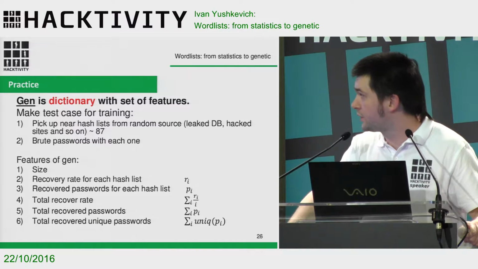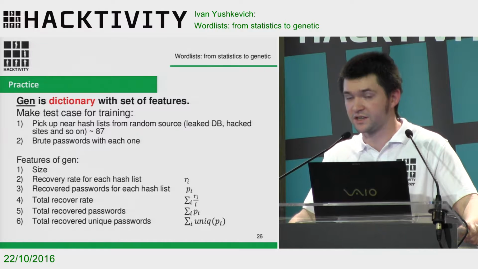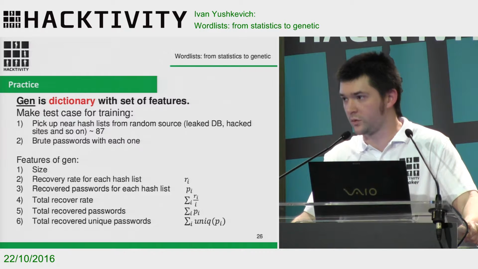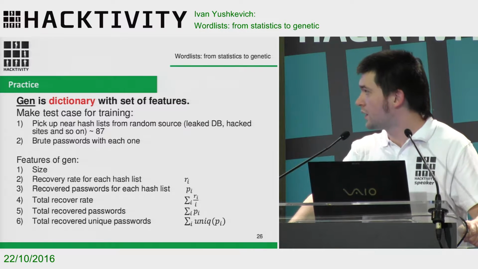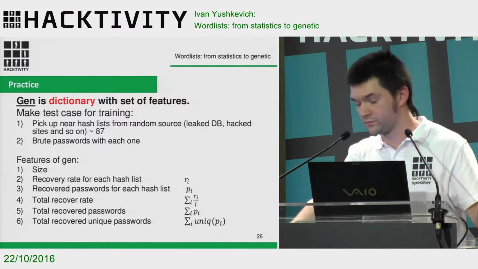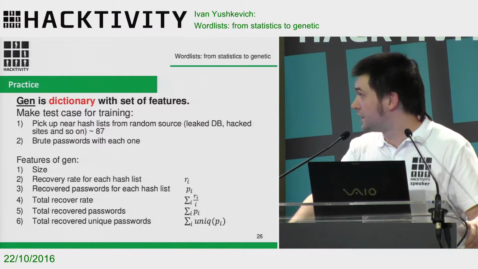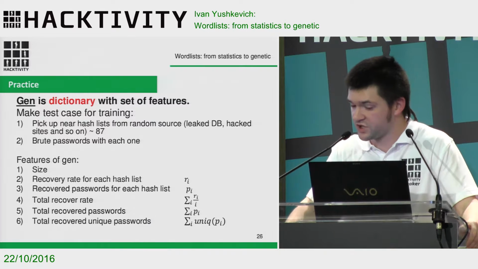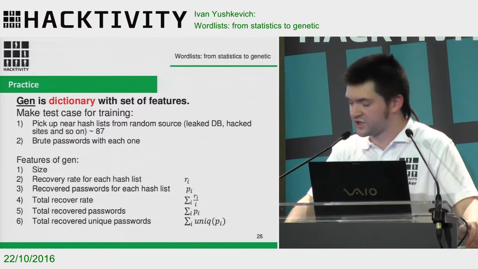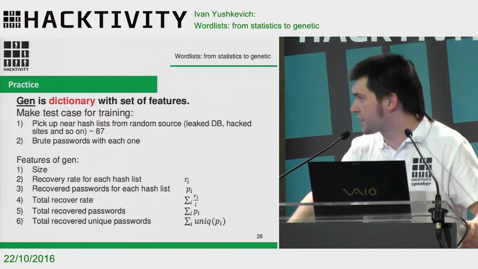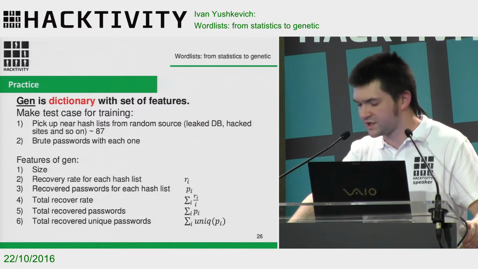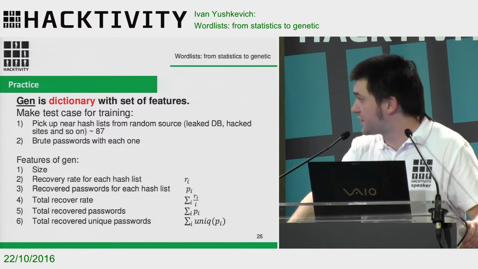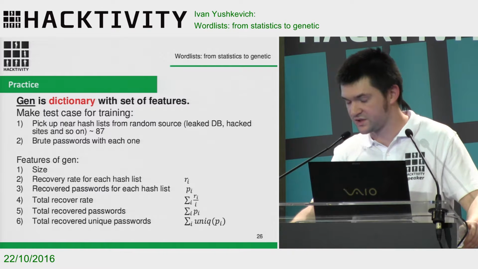Firstly, I picked a training set that contains about 87 hash lists from various sources that can be found all over the internet, and tried again to crack each hash list with each dictionary and get some values like the size of the dictionary, how many passwords it can recover, total recovery rate, total recovered passwords, and the count of unique passwords that can be recovered using this dictionary.